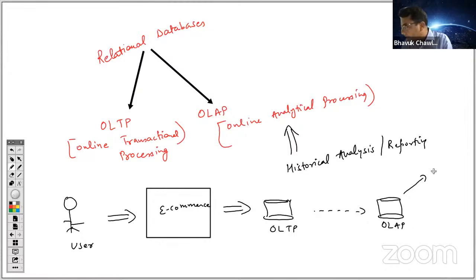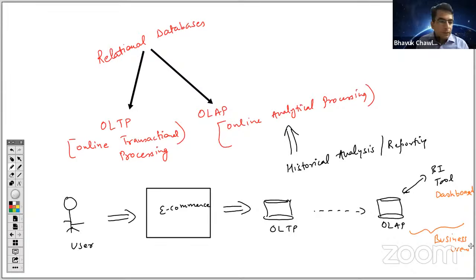The business intelligence tool is connected to the OLAP, and we can fire ad hoc queries through it. Here we will get the dashboards, and on those dashboards you can see various insights and take decisions. These are for business users. So this is the overall holistic picture.